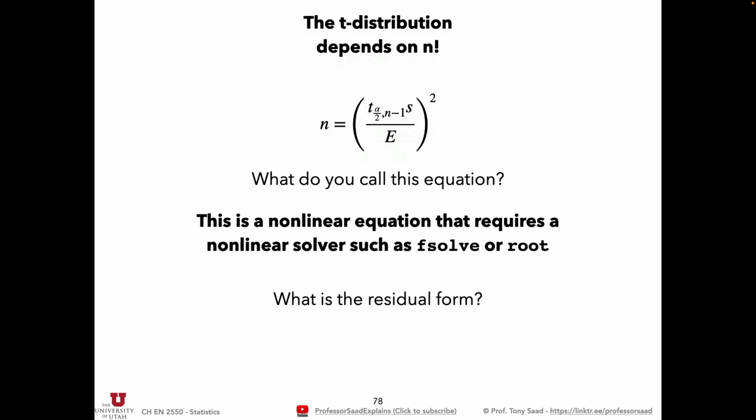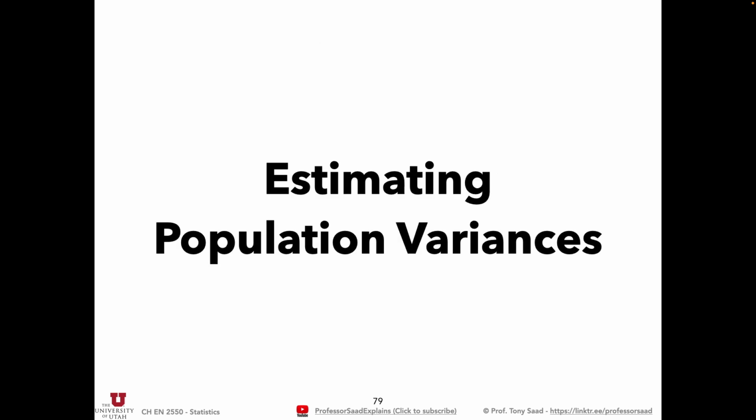They're going to be pretty darn close. And as n gets larger, they're going to coincide. But for small n, put your initial guess, n equals z alpha over 2 times s over e. That gets you very close, and then you do a root, or I don't know, what did you use, fsolve or root in numerical methods? Do you remember? fsolve, yeah, so you can use it with fsolve, give it the residual function. Okay, great homework problem.